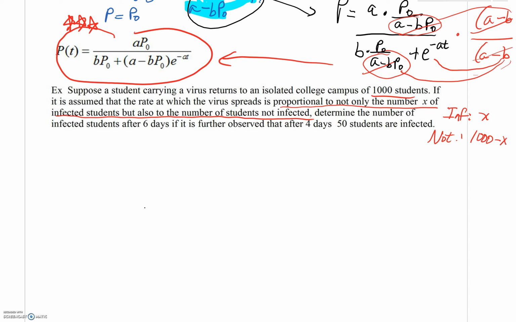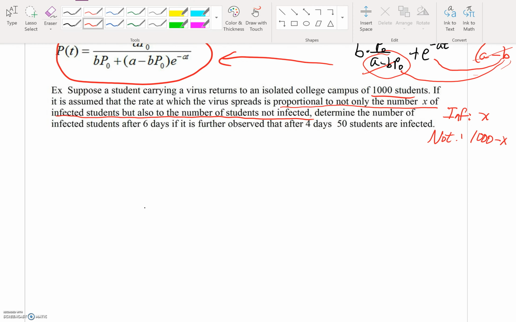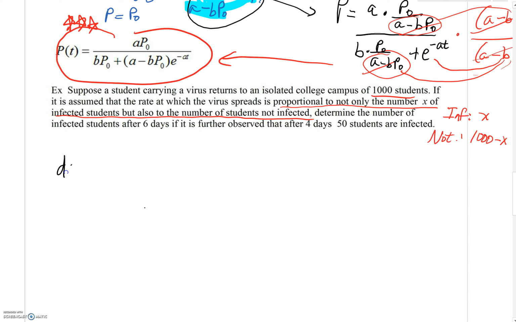And we'd like to determine the number of infected students after 6 days if it is further observed that after 4 days, 50 students are infected. Well, here's what we can make use of. This is, in fact, logistic growth.